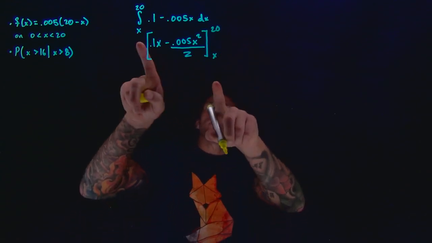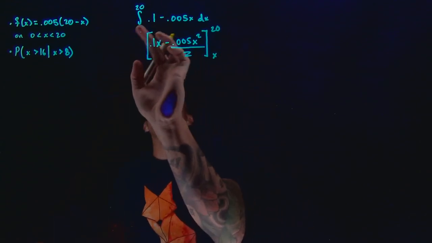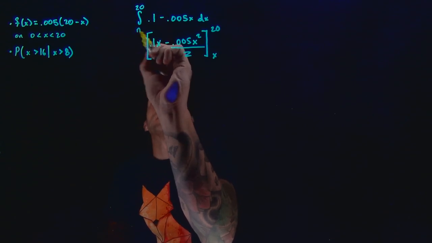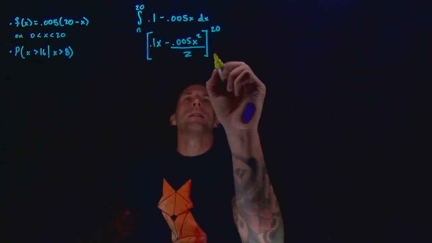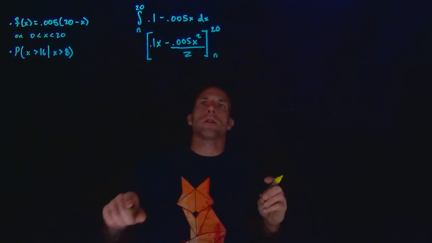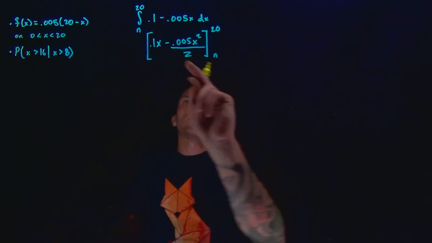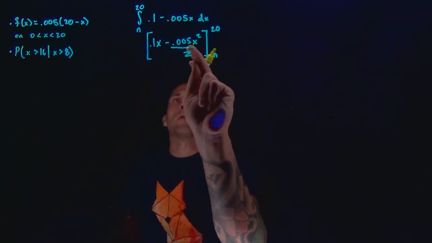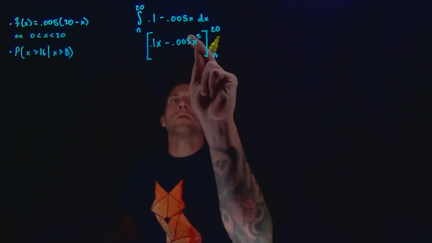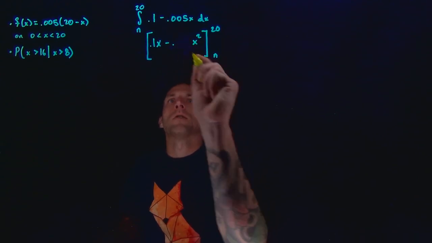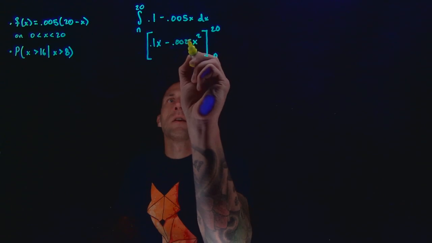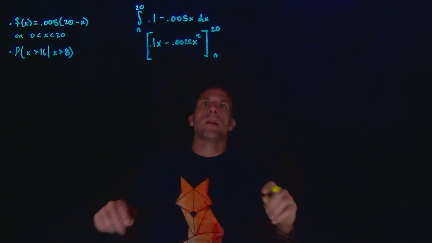So maybe to be super clear, let's not use an x, let's use an n. So we know we're thinking about an integer here. And then we can simplify a little bit here, go full decimal. 0.005 divided by 2 is going to be 0.0025. So I'll make that change and then evaluate the integral.